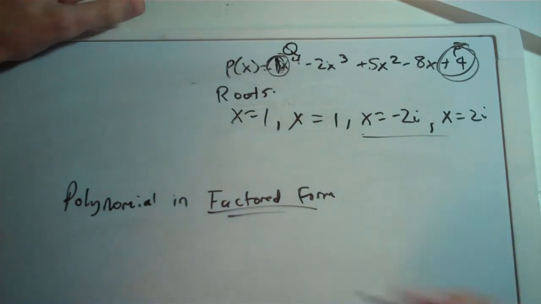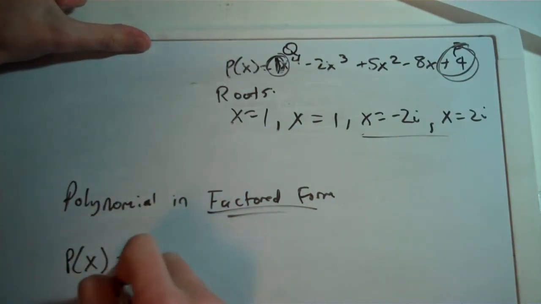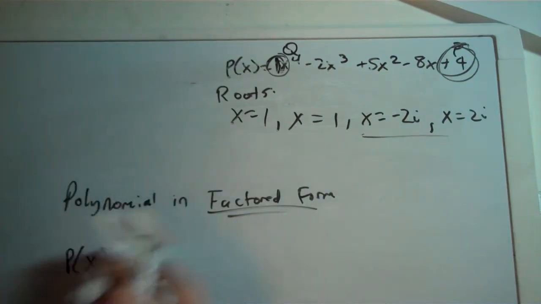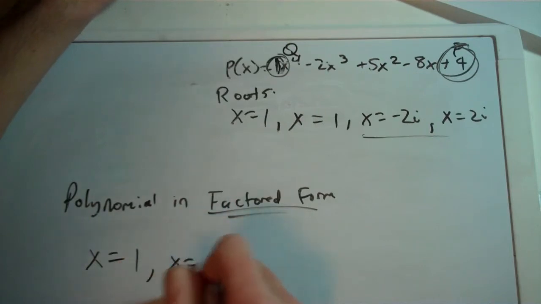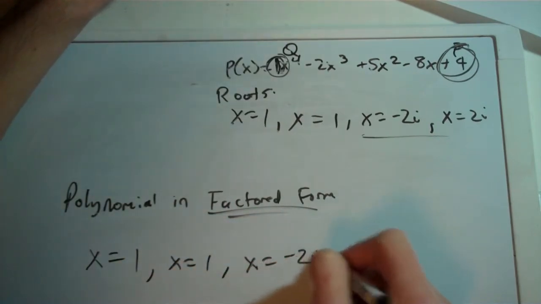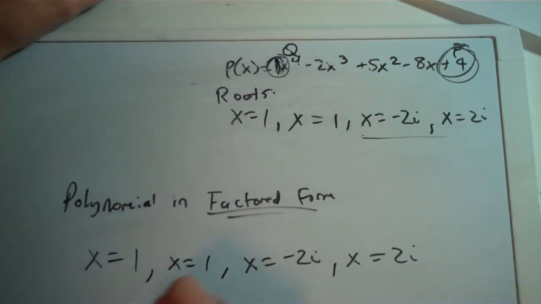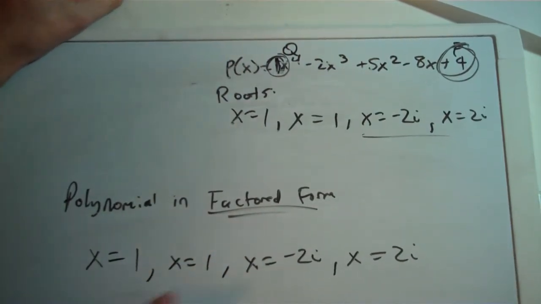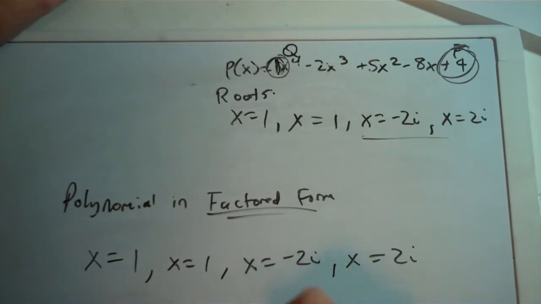First, let's look at our roots: x equals 1, x equals 1, x equals negative 2i, and x equals 2i. For x equals 1, we get these on the same side, so x minus 1 equals 0. We do that for all of them. So here's our factor, not our 0, but our factor.